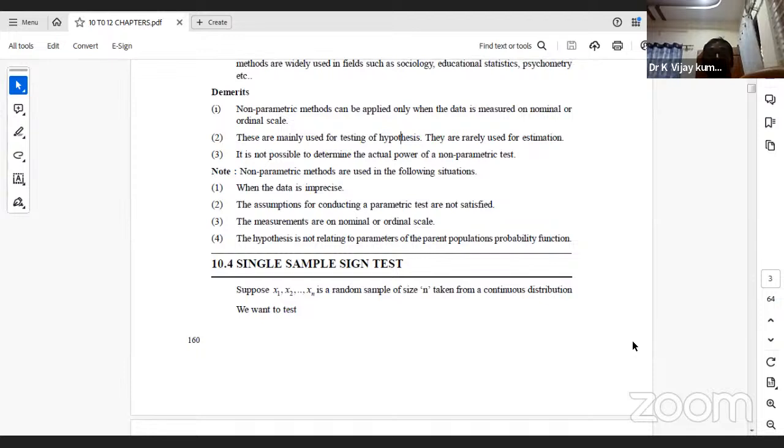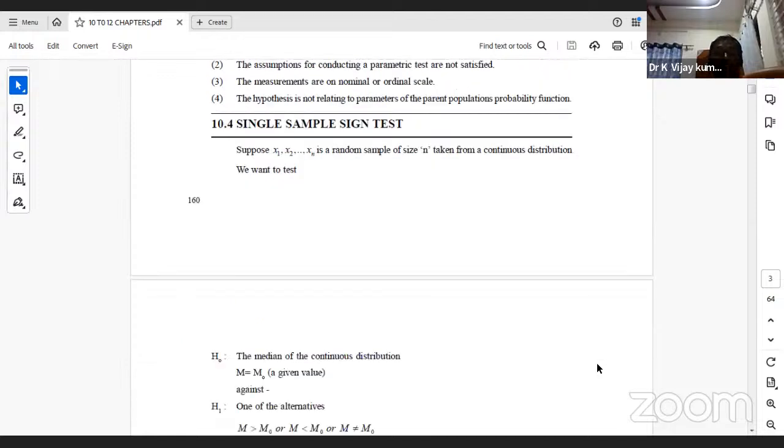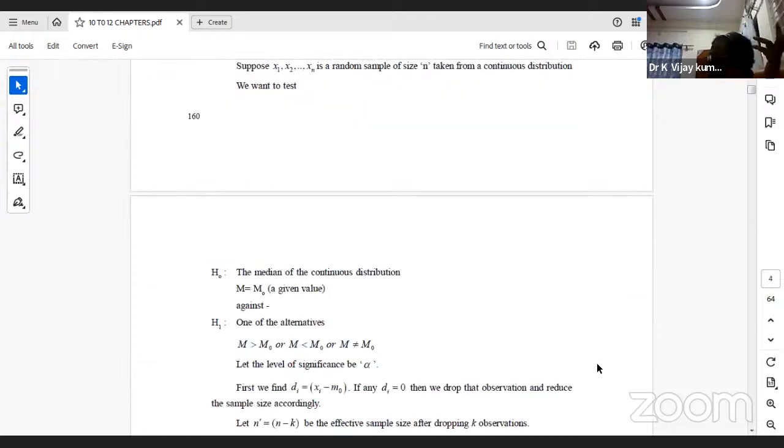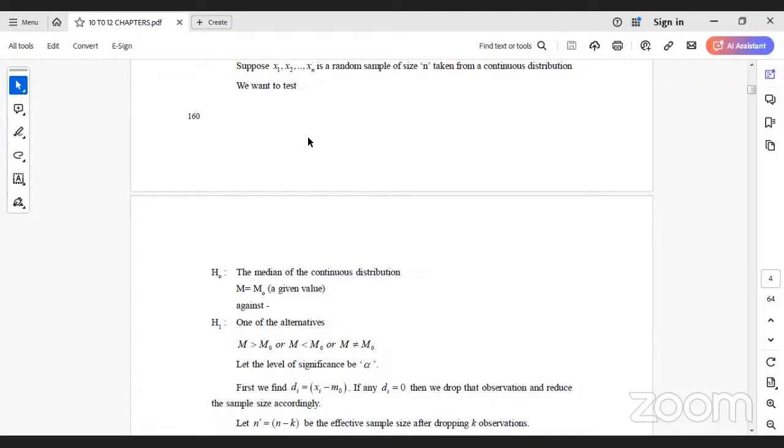Single sample sign test. Suppose x1, x2, x3, and so on up to xn is a random sample of size n taken from a continuous distribution. We want to test H0: the median of the continuous distribution, M, is equal to M0, a given value, against one of the alternatives M greater than M0, M less than M0, or M not equal to M0.